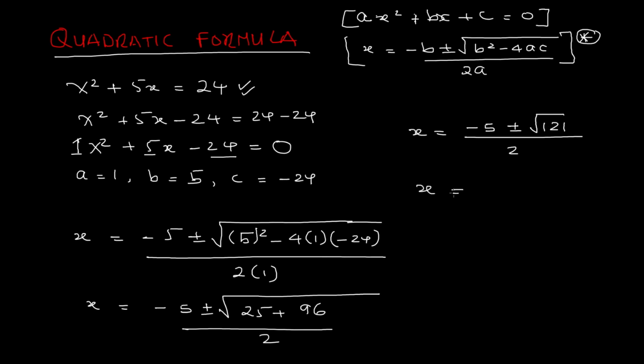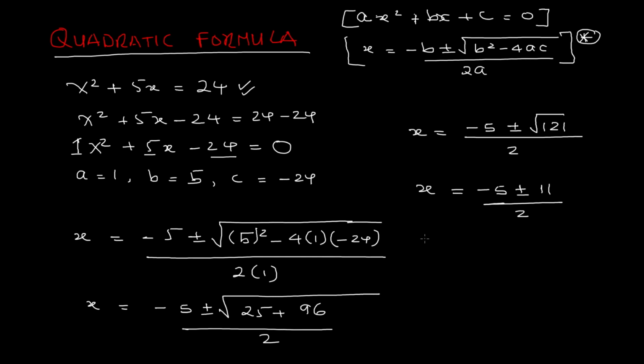So x is equal to minus 5 plus or minus 11 over 2. Be careful with this, don't put it in front here, because then that changes the whole concept of the question.